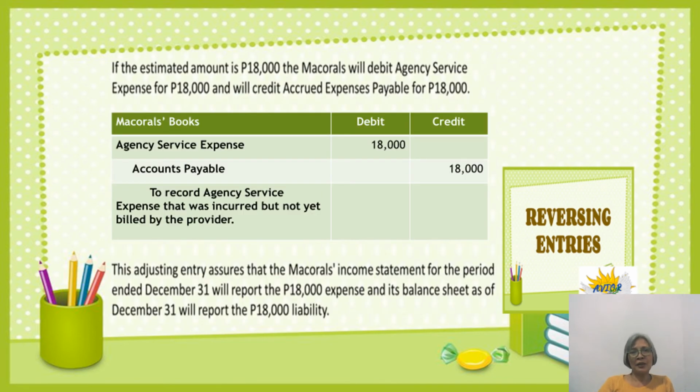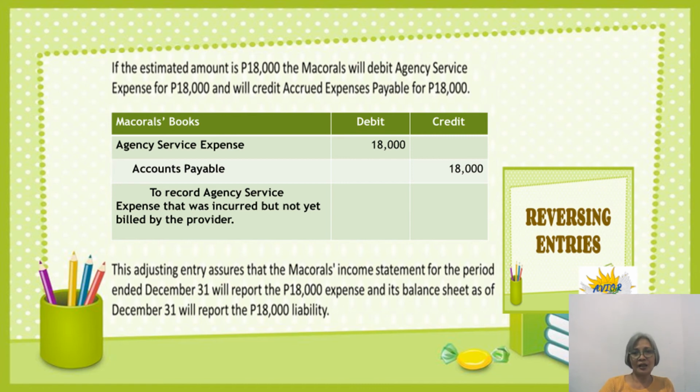So, if the estimated amount is 18,000, the Macorals will debit agency service expense for 18,000 with credit accrued expense payable for 18,000. Wala pa yung resibo, hindi pa nababayaran, nire-recognize na natin yung expense during the adjusting period of the previous year.